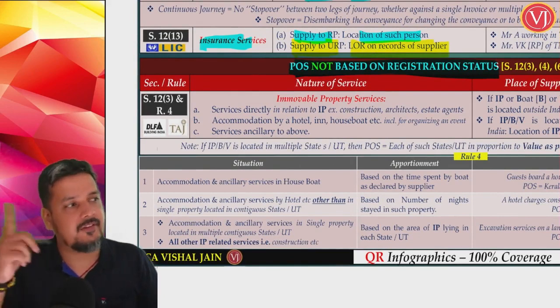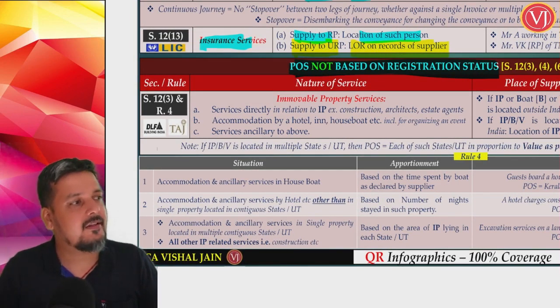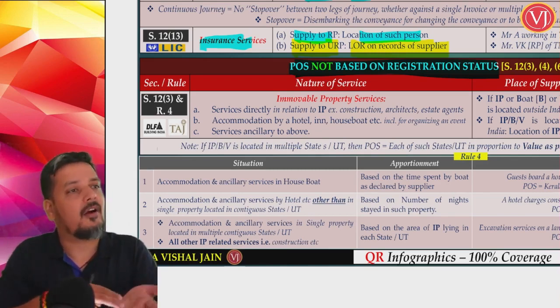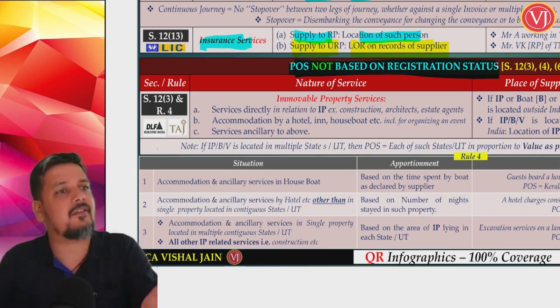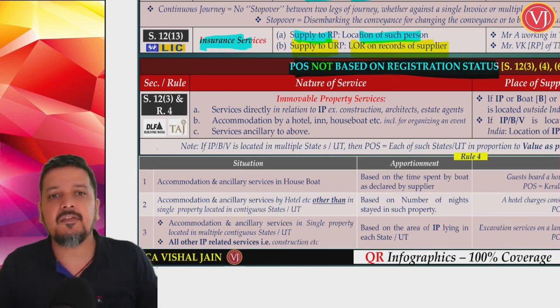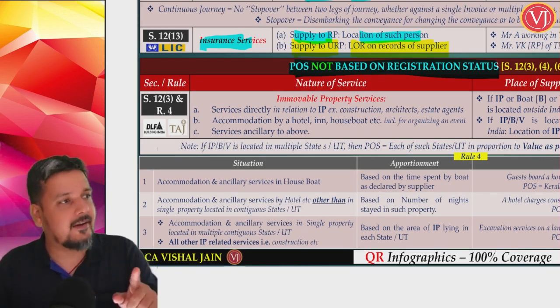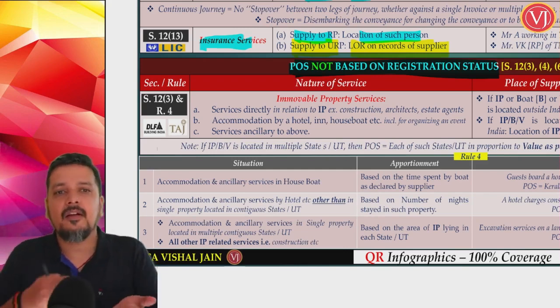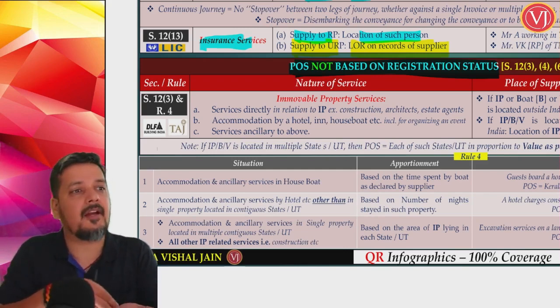B2B, location of registered recipient. B2C, also location of recipient which is available on records. If you are taking insurance, your address will surely be there with them. But the difference is if it is B2B, you decide the address: location of registered recipient, what GST number you gave. B2C, location of recipient or your location which is there on my records.